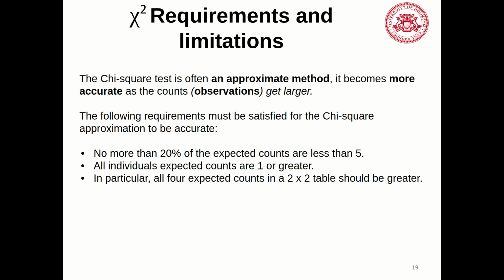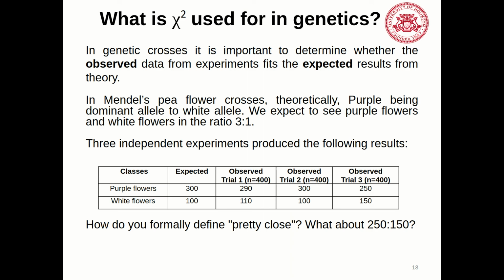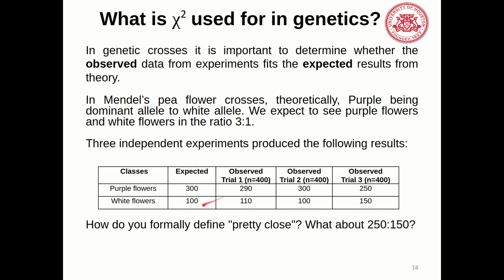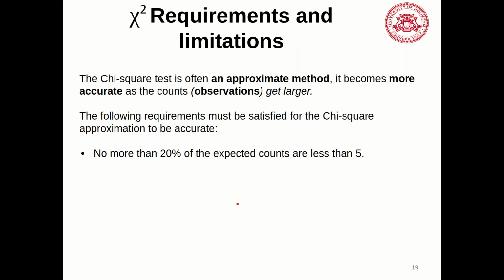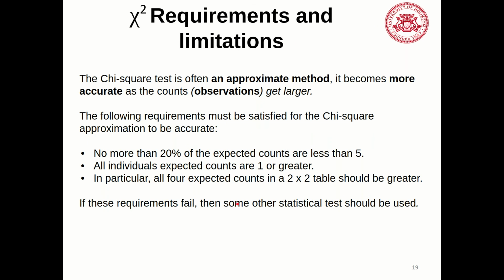And expected counts should be in a 2x2 or greater table. That's just when you do this, the table needs to be at least 2x2. But if you fail any of these, you have to use a different test.